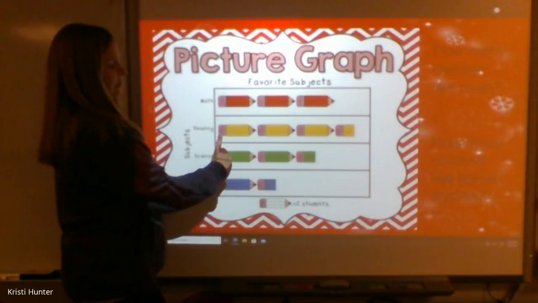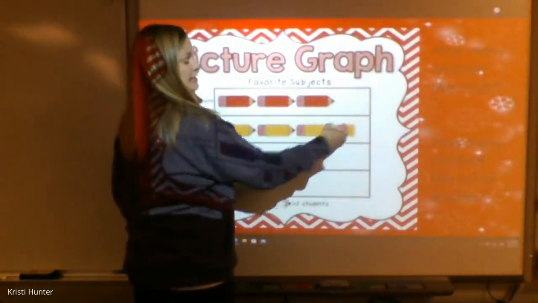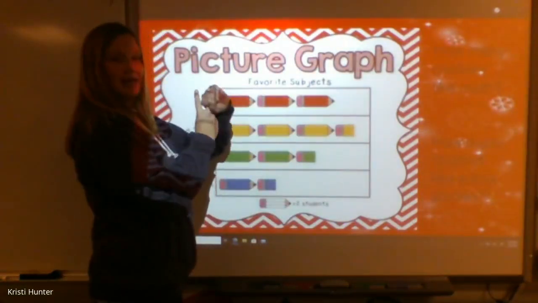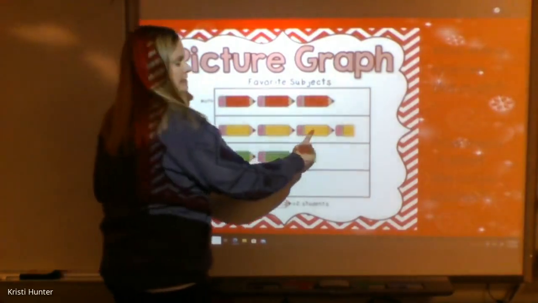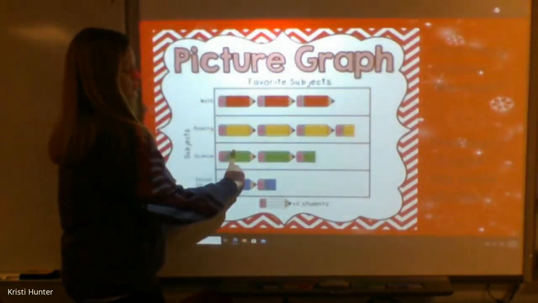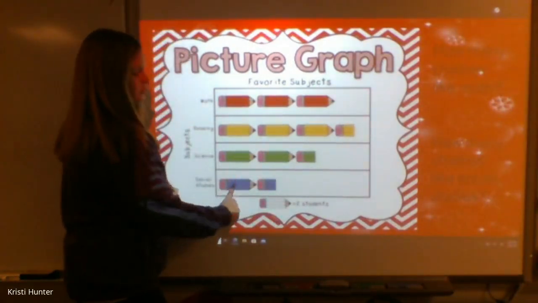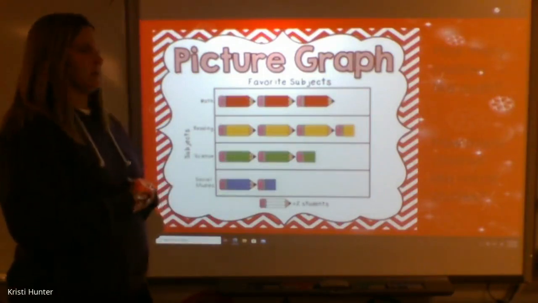If I look at the yellow pencils, 2, 4, 6, and it's got a half, which is 1. That's only going to be 1, because if I cut that pencil in half, one of them is gone. So 2, 4, 6, 1 more makes 7. 2, 4, 1 more makes 5. 2, 1 more makes 3. Right? So let's look at some questions about this graph.